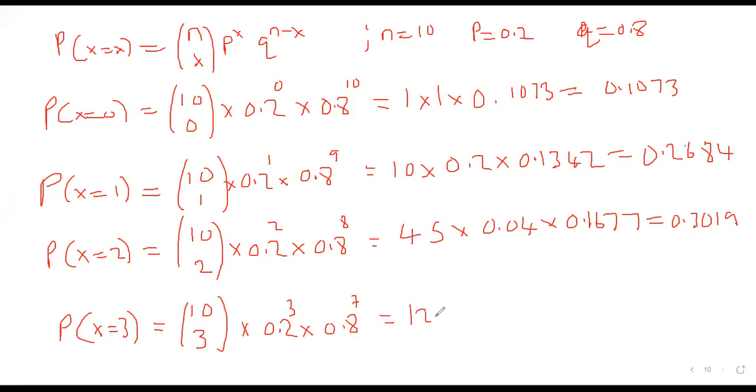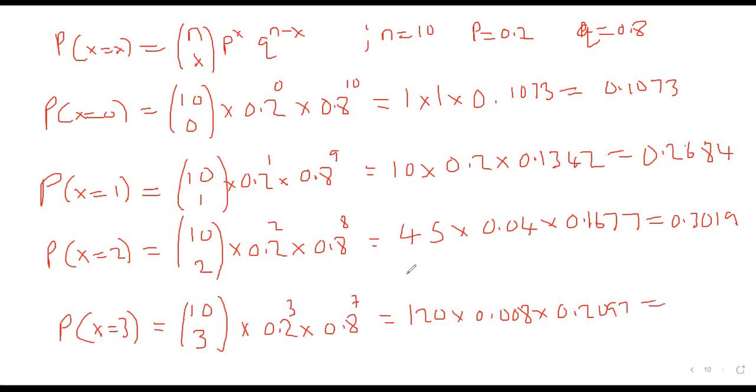Then finally, what is 10 combination 3? 120. Then 0.2 to the power 3 is 0.008. 0.8 to the power 7 is about 0.209.